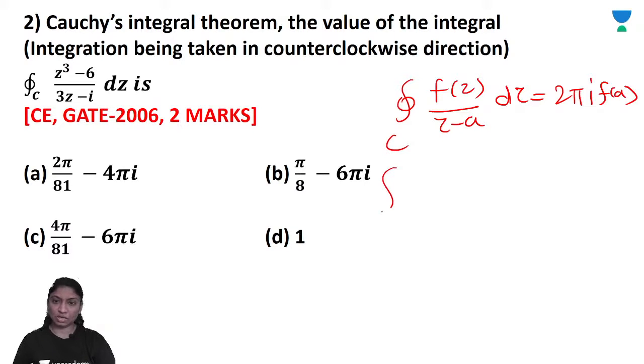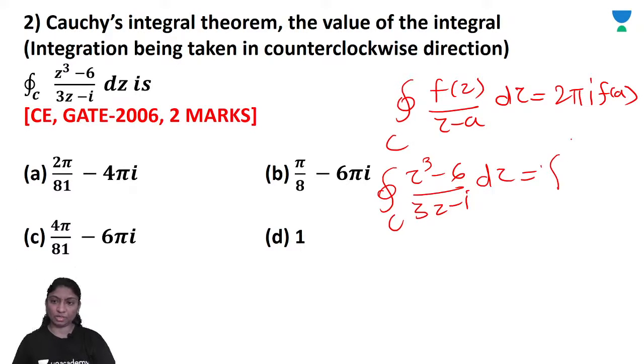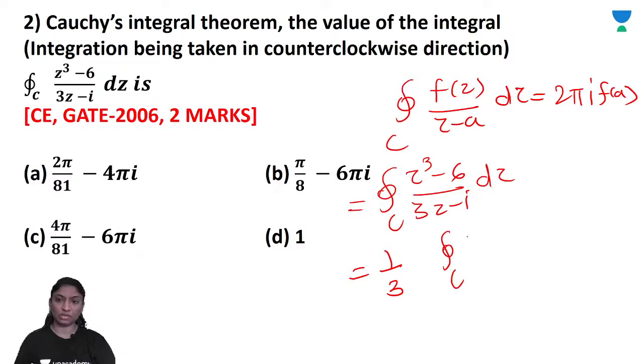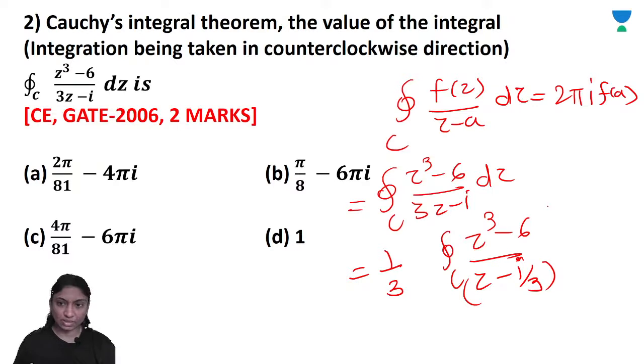Here the closed integral over C of (z cube minus 6) upon (3z minus i) dz. Instead of this, I can write 1 by 3 taken common, closed integral over C of (z cube minus 6) upon (z minus i/3).